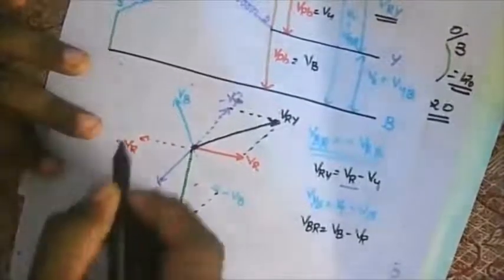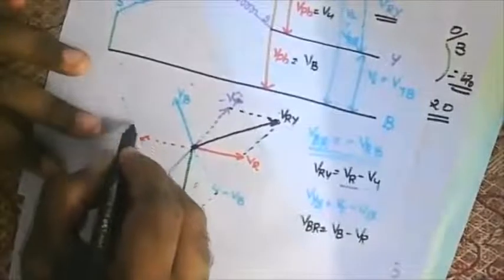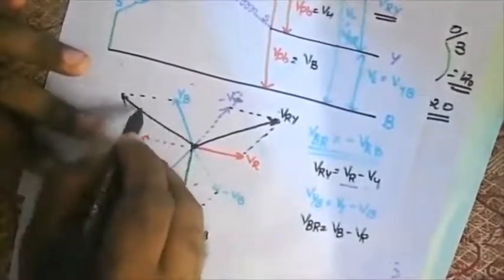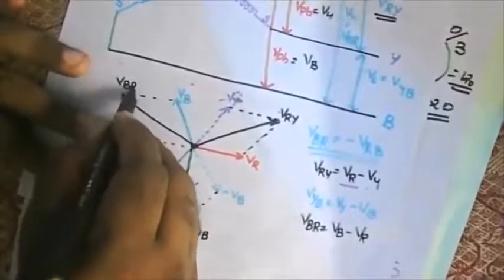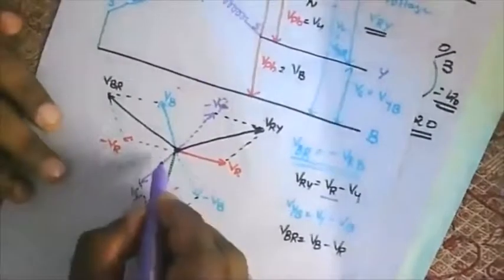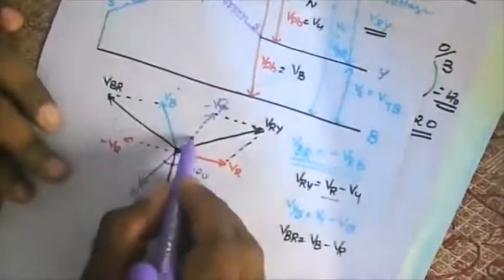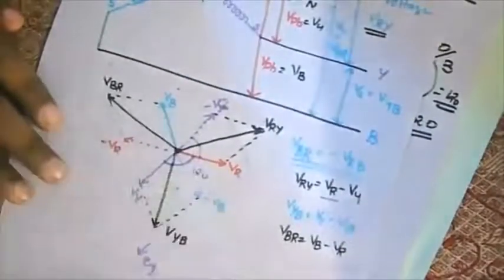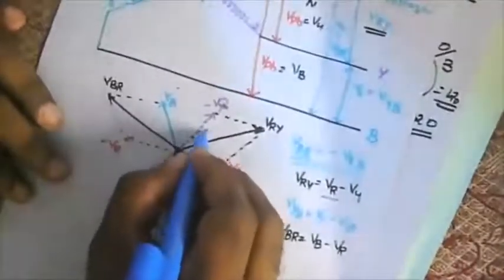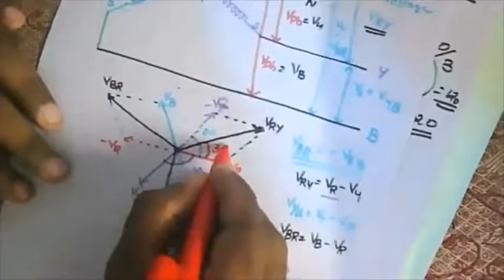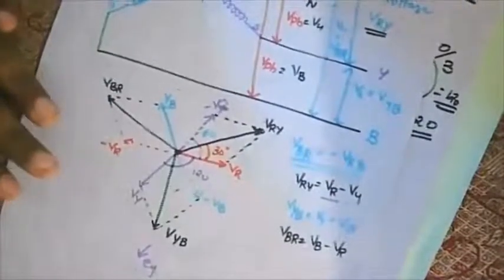If I complete my parallelogram, this is going to be VBR. Now, what will be this angle? 120. Then what will be this angle? It is going to be 60, and of course this angle is going to be 30 degrees. I believe you got it.